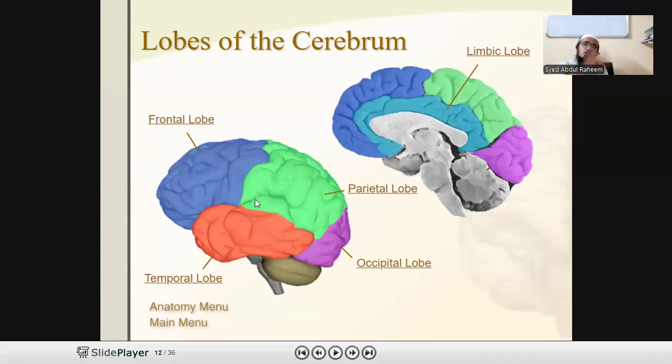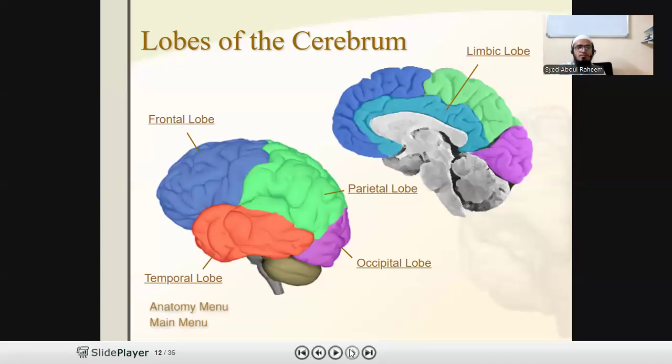If you cross-section the brain or any one hemisphere, you can see another system, that is the limbic lobe. And after it there is the corpus callosum, cerebellum, pons, midbrain, hindbrain, everything is there.